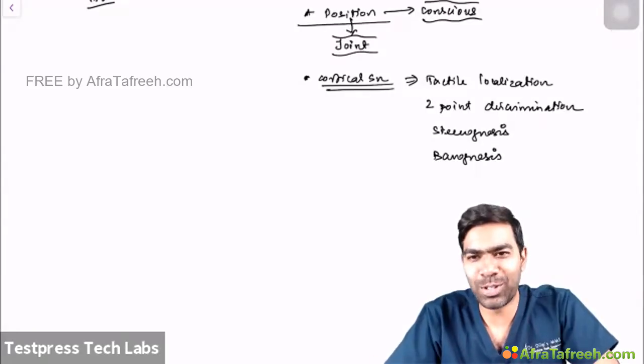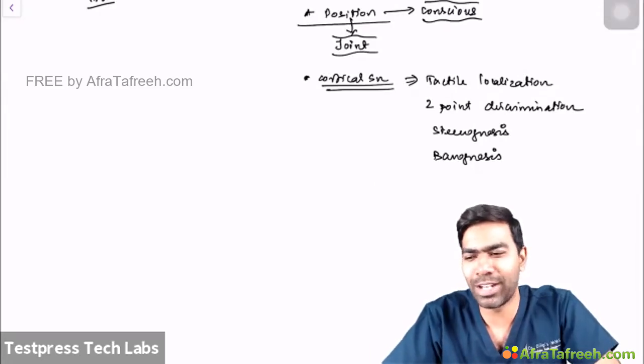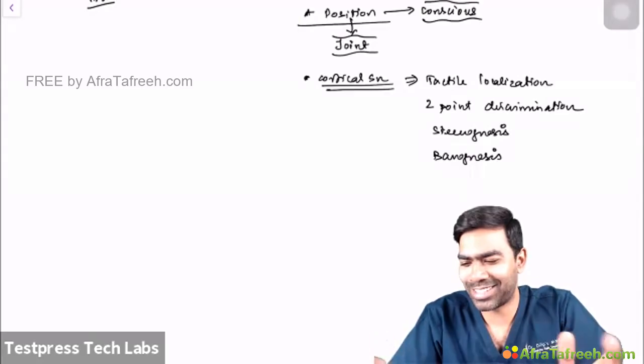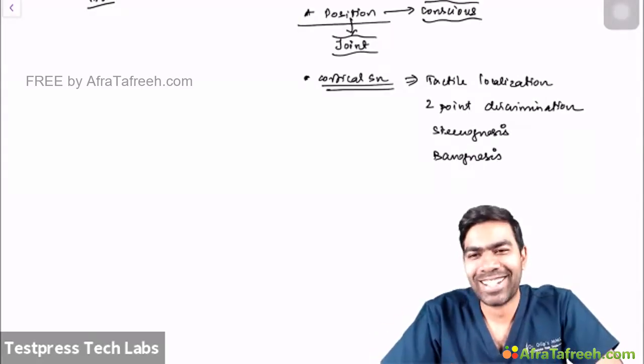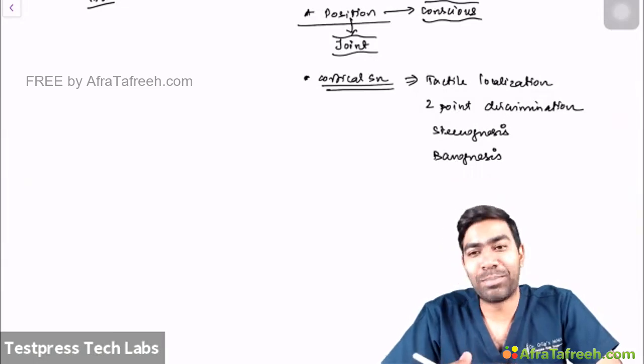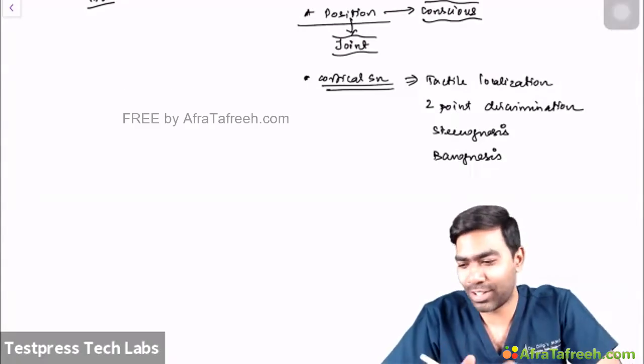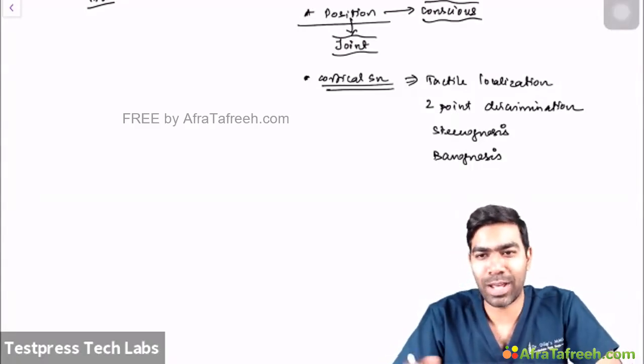And Riju is able to tell which object is heavier and which is lighter. So yes, that is what we call barognosis: the ability to identify which of 2 objects is heavier by lifting it, but within physiological limits. You cannot lift 1 ton in both the hands and say which is heavier. So within physiological limits is what we refer to as barognosis.